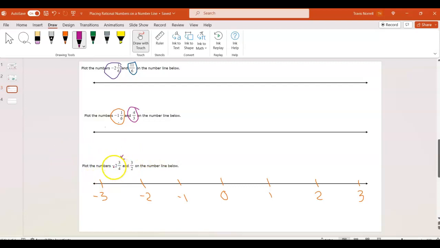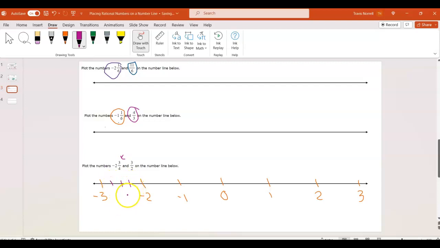Okay, -2 and 3/4 is going to be between -2 and -3. So I'm going to cut -2 and -3 in half, and then each one of those in half.